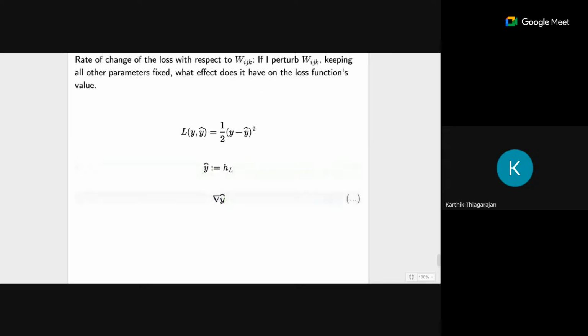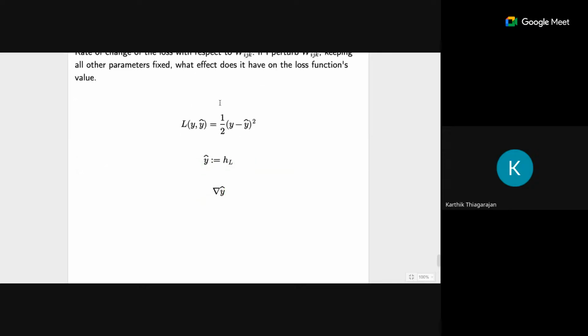Again, another notation that the instructor follows, I'll also be following this. This is important to understand. What is this notation? When I say something like this, this is actually the gradient of the loss function with respect to, this is what it means.